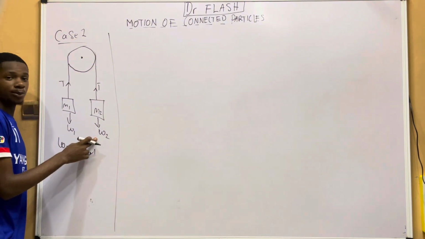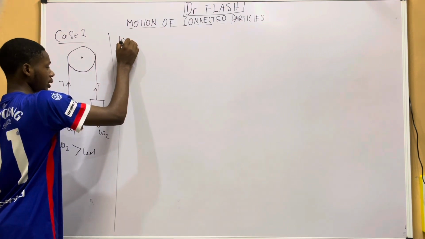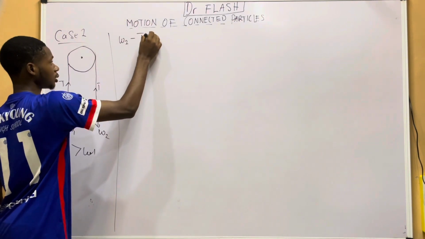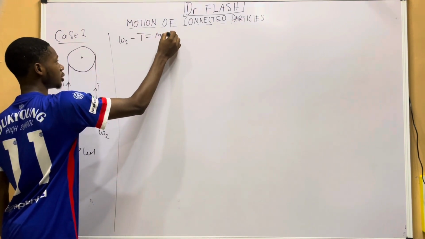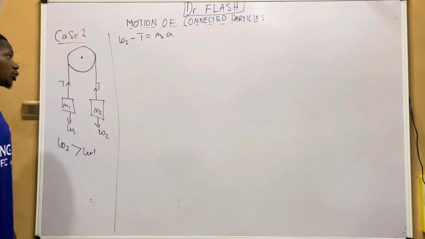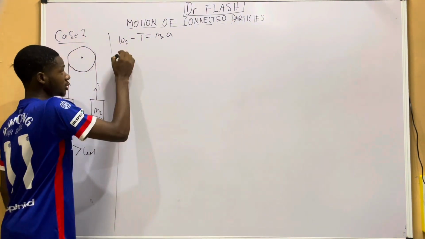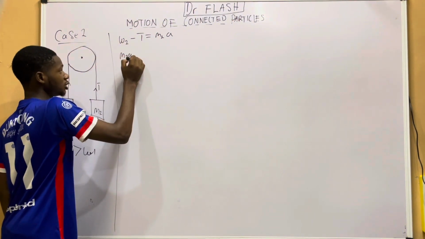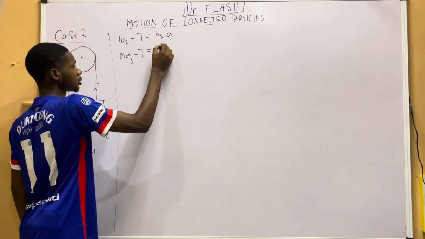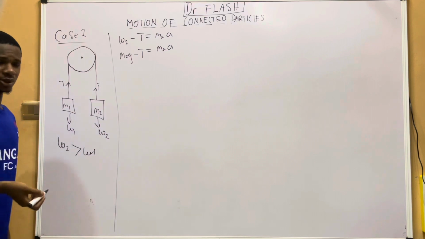For this part first, we're going to have W2 minus tension is equal to M2A. That's the mass times the acceleration. Remember, they have a common acceleration and a common tension as well. So from here, W2 is M2 times G. We're going to have M2G minus T equals M2A. Now let's make T the subject of the formula.